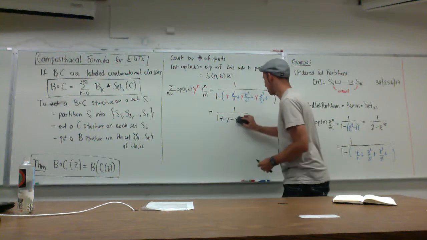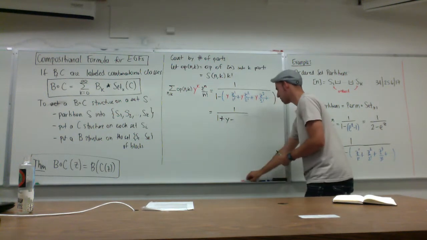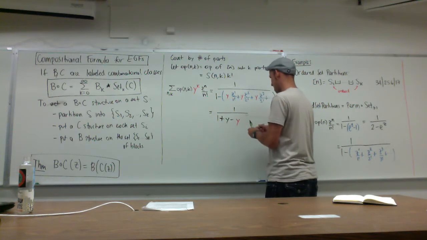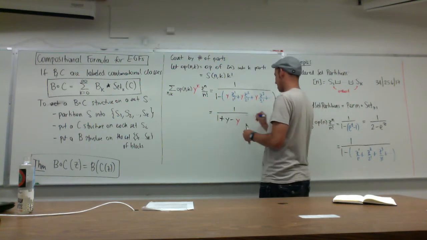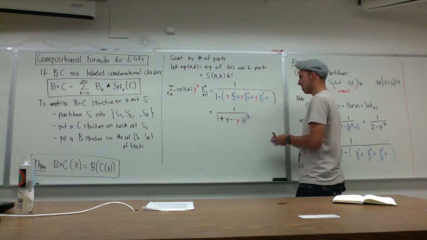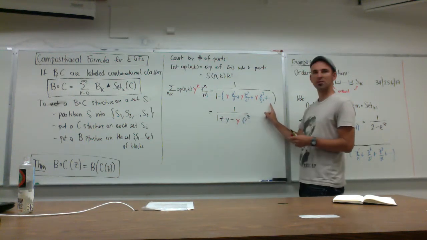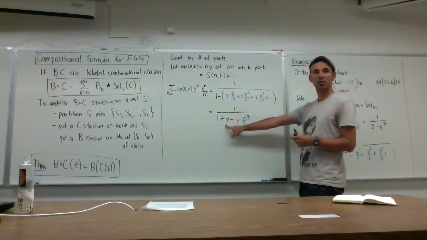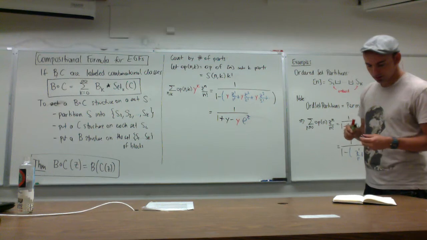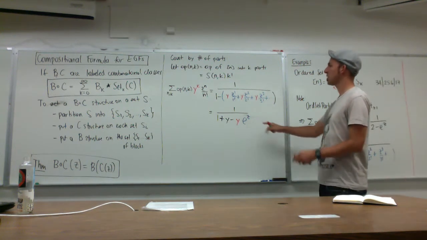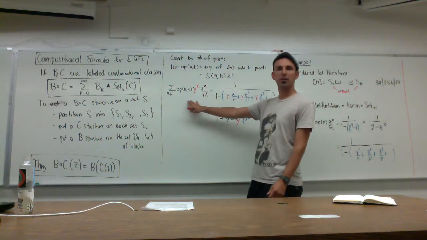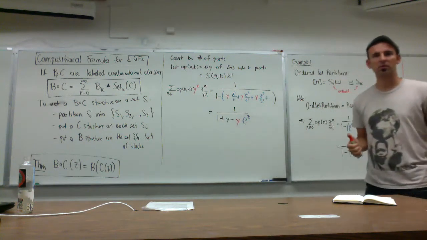And maybe to color code it to make it a little bit clearer, so that this y is the same as this y, and then this is the same as this e to the z. But this e to the z is missing the first term, which is why I need to correct for it here. And so then that's my two-variable exponential generating function for ordered set partitions. Okay.